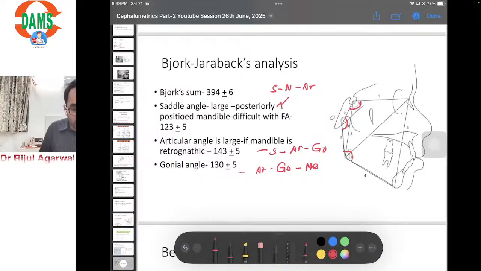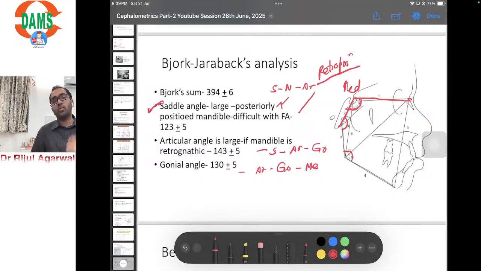So if the saddle angle is more, that is sella, nasion and articulare, if this is increased, what will happen? That means the mandible is in retroposition with respect to the cranial base. That means the mandible is retropositioned, you cannot advance it forward.